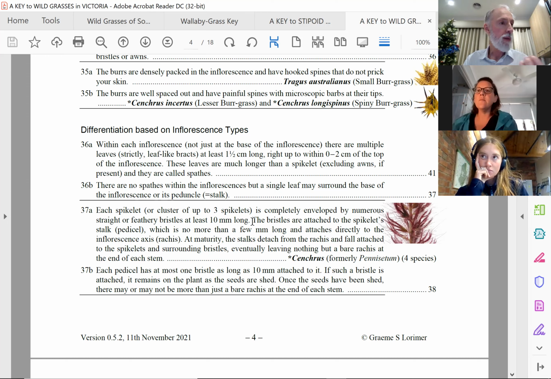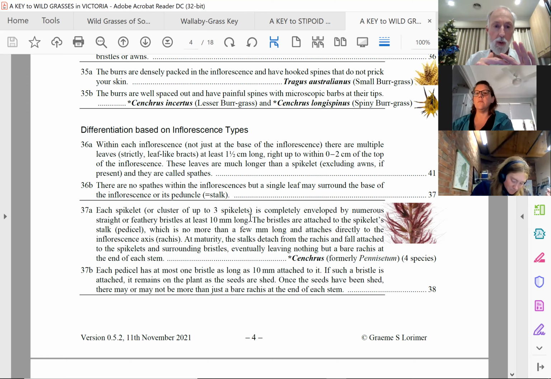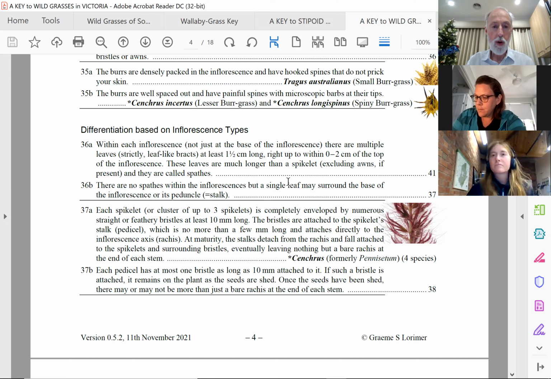If you have a look in your inflorescence, you'll find that the spikelets, which comprise a pair of glumes and a single seed inside the pair of glumes, are on their individual stalks or pedicels. And those pedicels have no hairs along them, not these 10 millimetre or more long straight or feathery bristles.